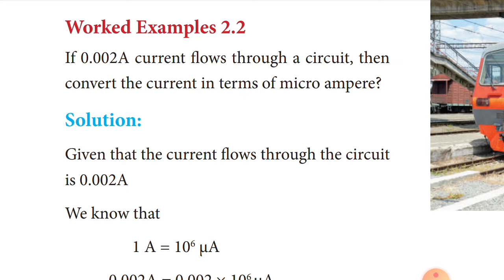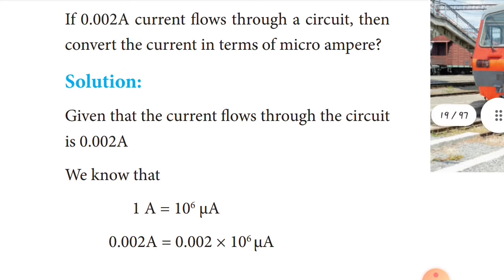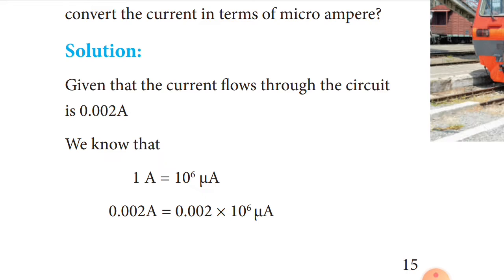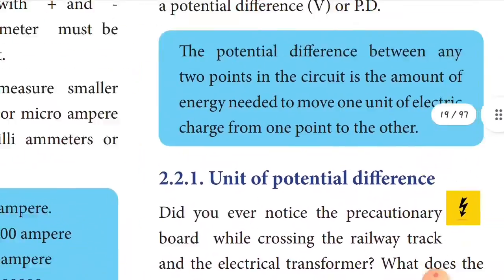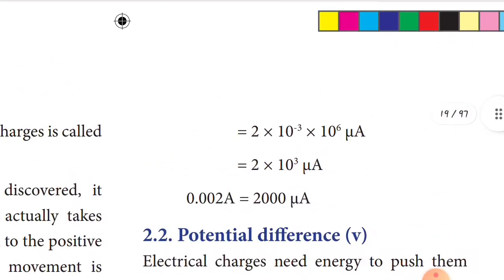We have to convert it into microampere, muA. We know, children, 1 ampere is equal to 10 power 6 muA. So 0.002 A means 0.002 multiplied by 10 power 6 microampere. This is the value you have to calculate.